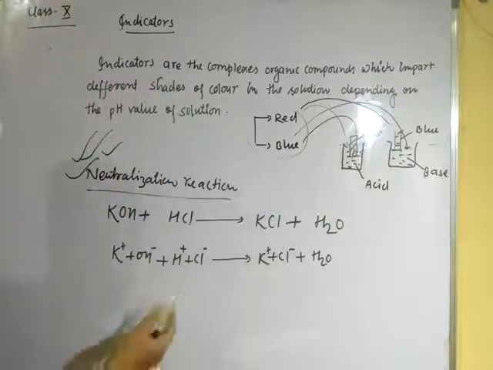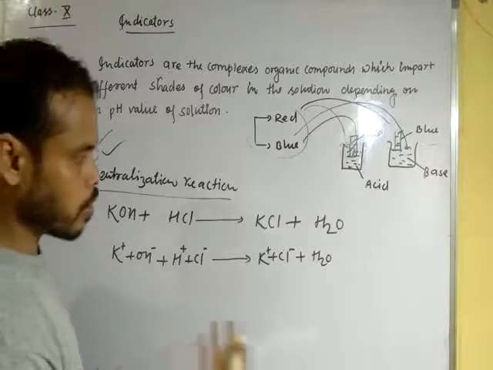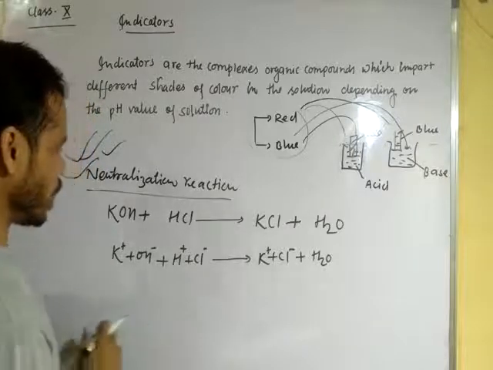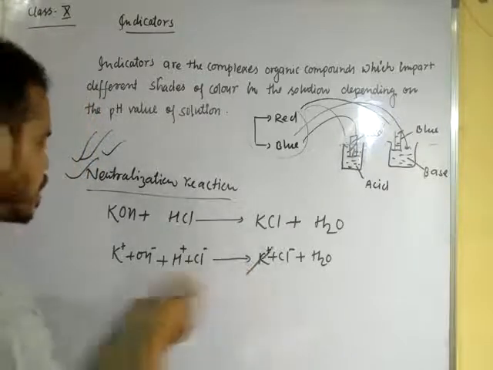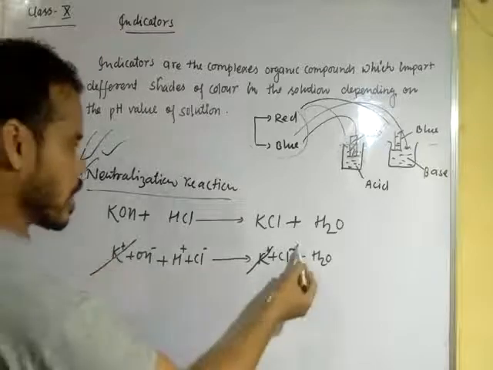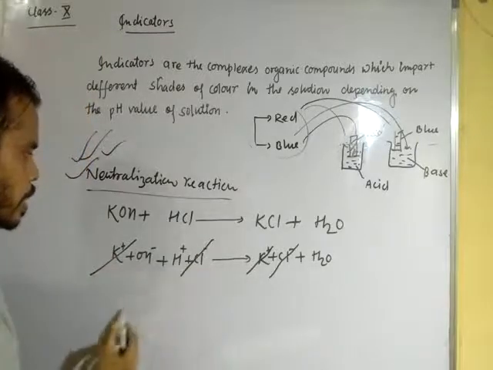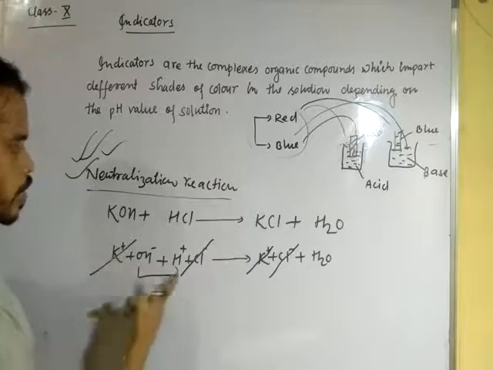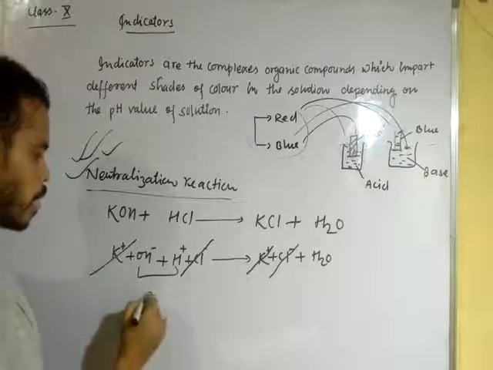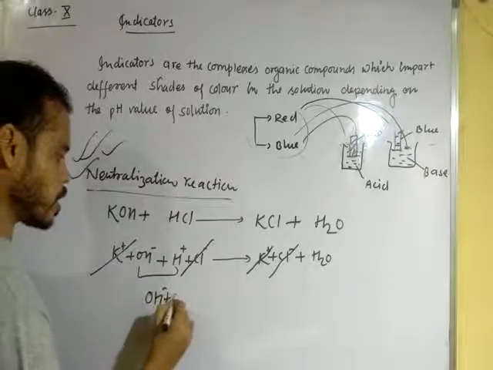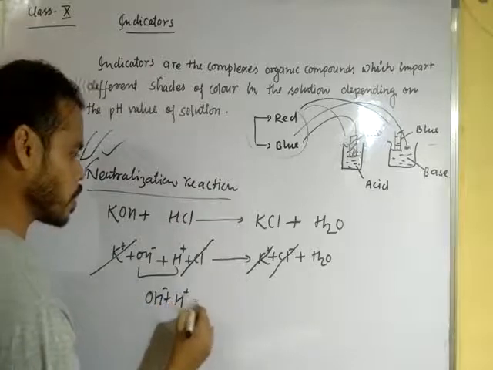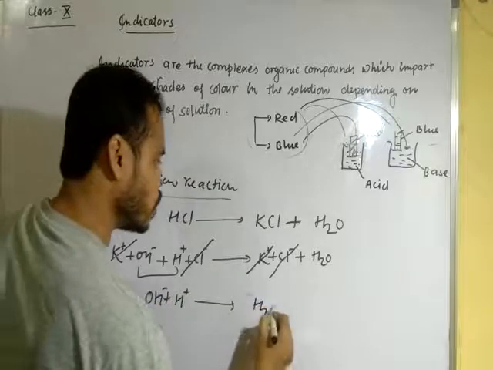Now cancel the common terms on both sides. Here the common ions are potassium ion on this side and here too, and chloride ion on this side and here too. The remaining ions are H positive and OH negative ions, and both neutralize each other completely to form H2O.